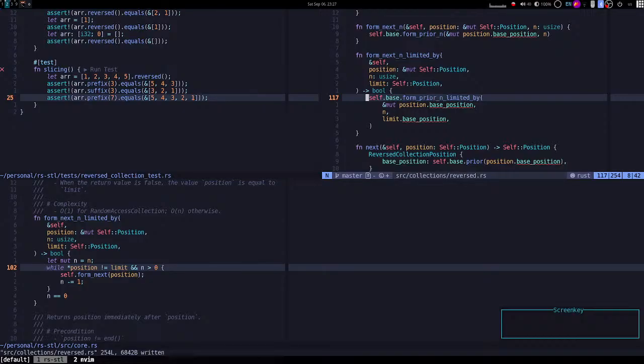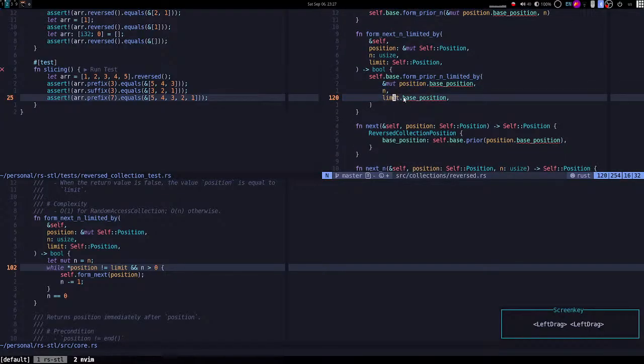Okay. Hmm. So we are at the base position and we limit till the base position.